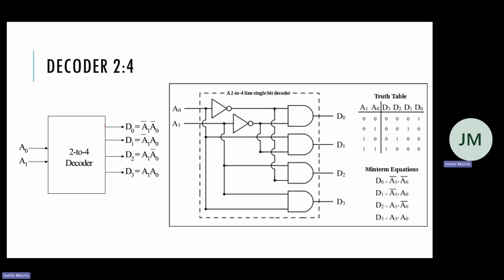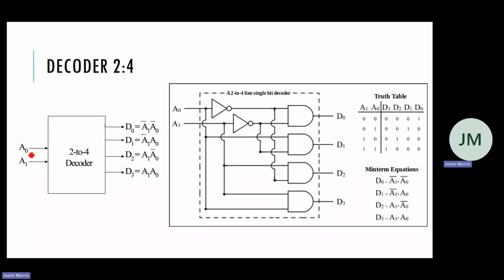And the simplest decoder is just changing the binary representation over here to creating the 1 bit that corresponds to that on the output.